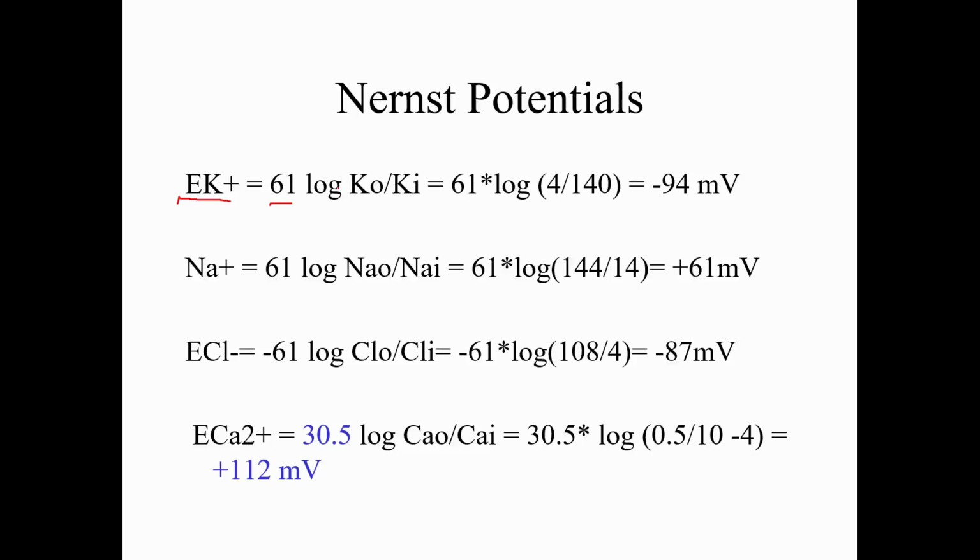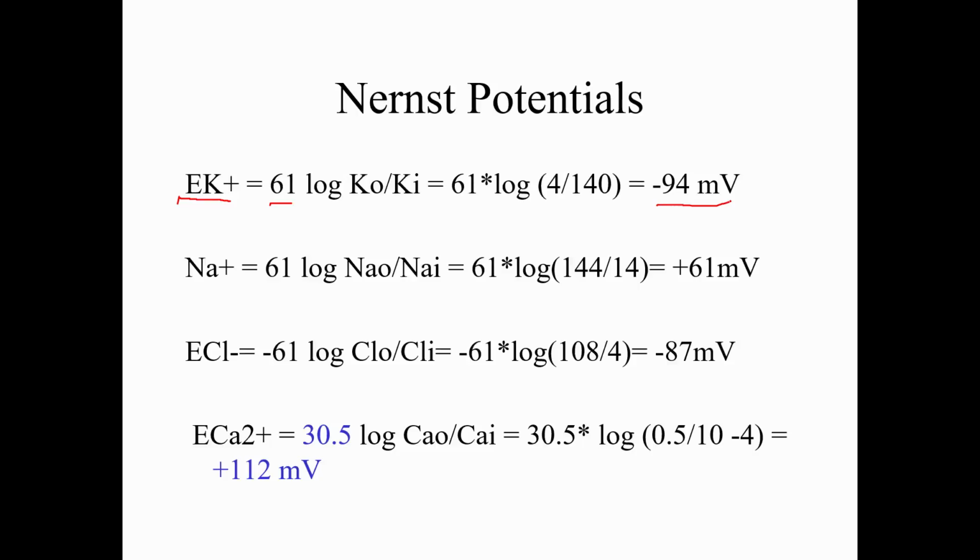61 times the log base 10 of potassium out over potassium in. So if I use the numbers 4 over 140 from my little table, I come up with an equilibrium potential of -94.